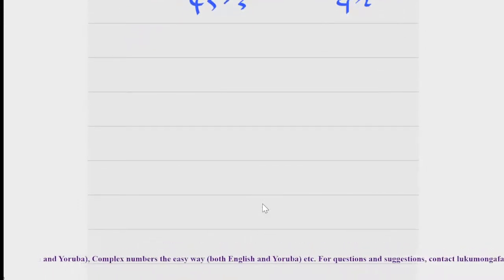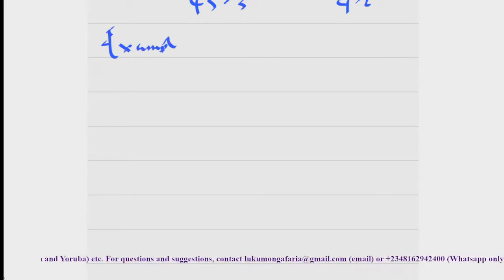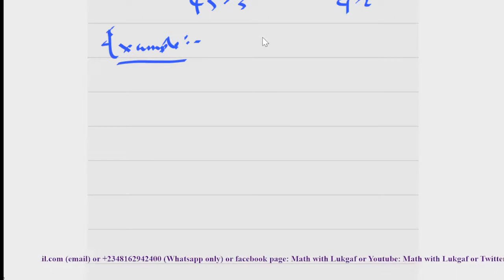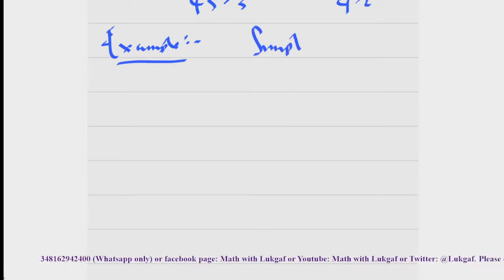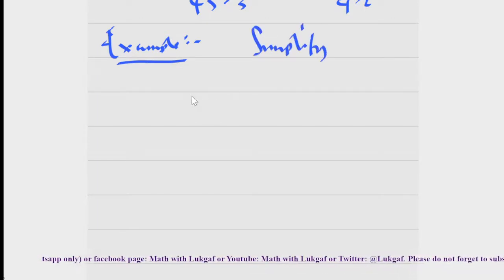Let me give you another example, which is also a WAEC question example. I think the last one. Example. Simplify. That's the first one.